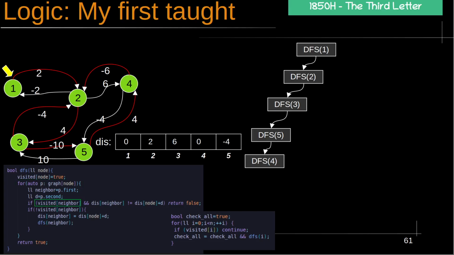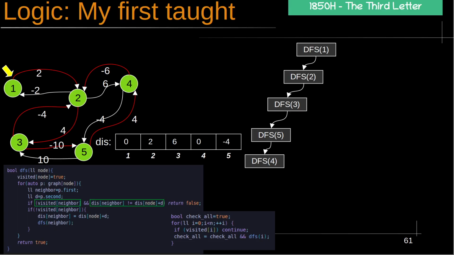2 here is visited. So we check the distance. Because 2 is visited, we are sure that the distance from 1 to 2 is pre-computed. So we check if we have the same distance or not.